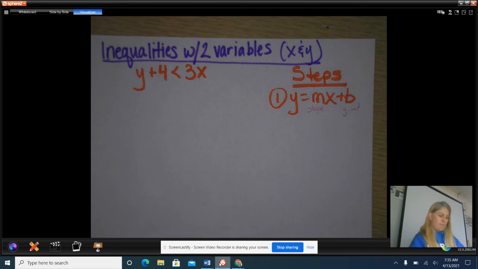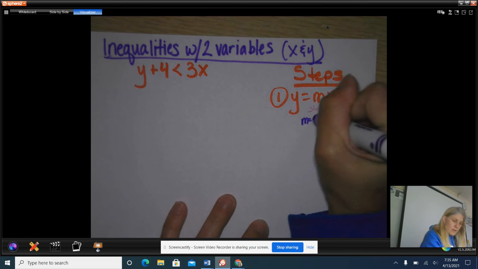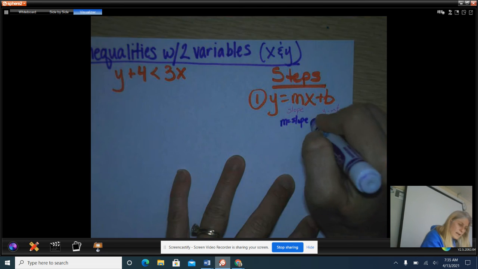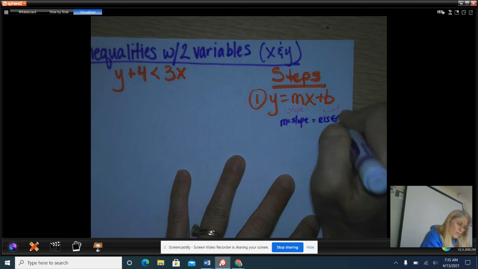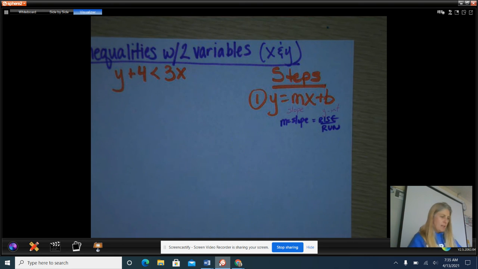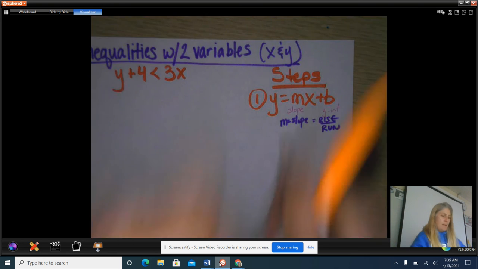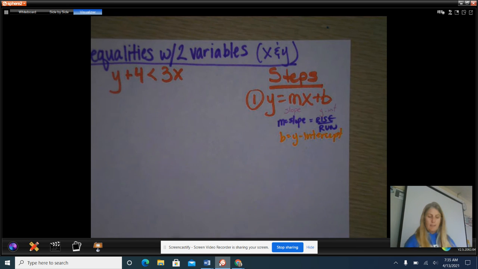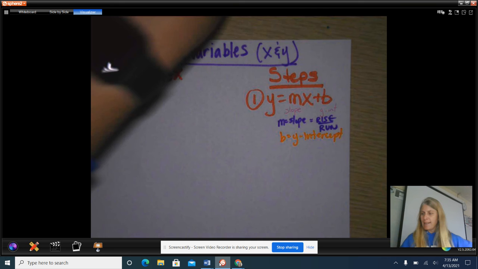So remember, m is our slope, which is how steep our line is, and that is our rise over run from one good point to another. And our b is our y-intercept, where our line crosses the y-axis.